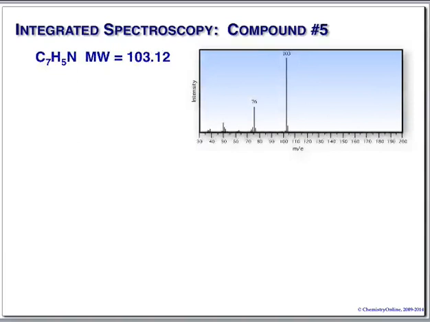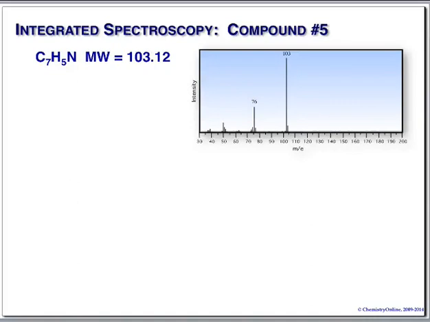C7H5N. We have a nitrogen. Now remember when we do degrees of unsaturation with a nitrogen in our compound, nitrogen is bonded to 3 things, carbon to 4. Therefore, when we have a nitrogen and we're doing DUs, we need to subtract 1 hydrogen for every nitrogen.